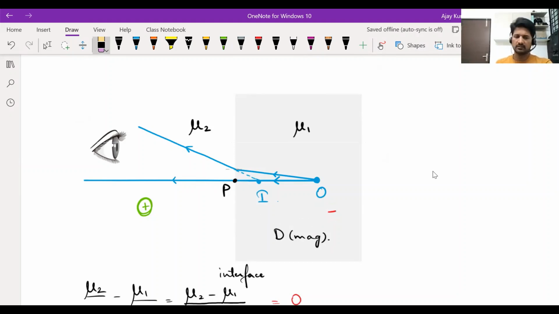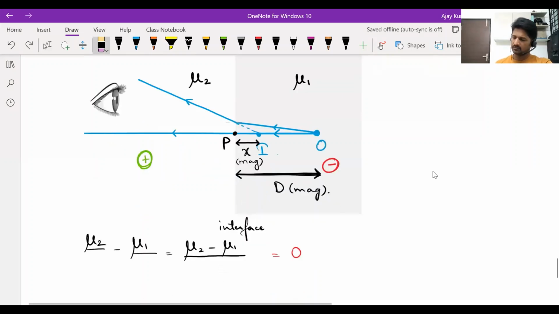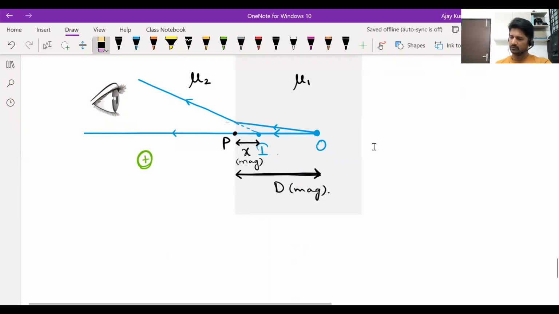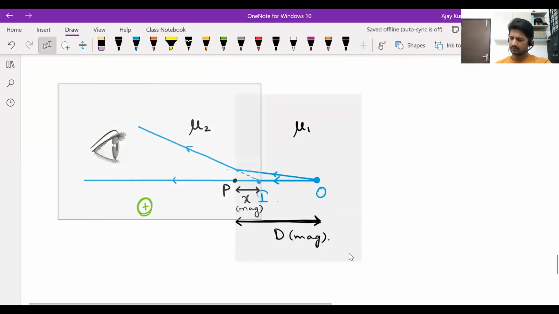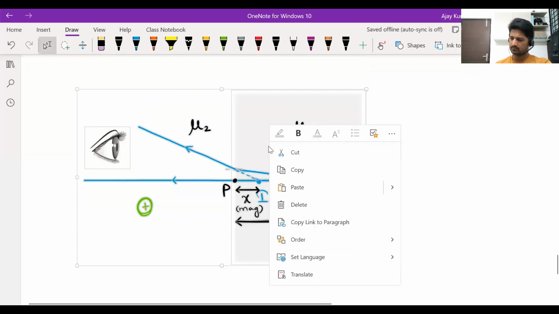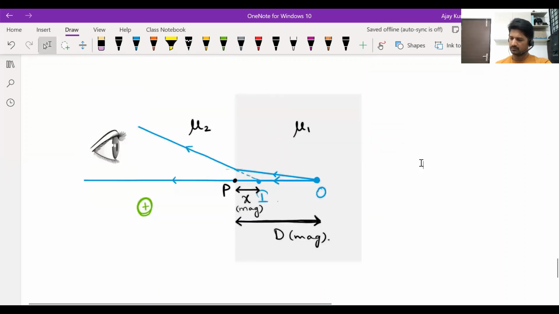Okay, wait. I think X and D should be there. Let them be there. Positive, negative doesn't matter. We know where the interface is, and we know it's a flat interface, so the radius tends to infinity. Okay, fine. I can rotate.